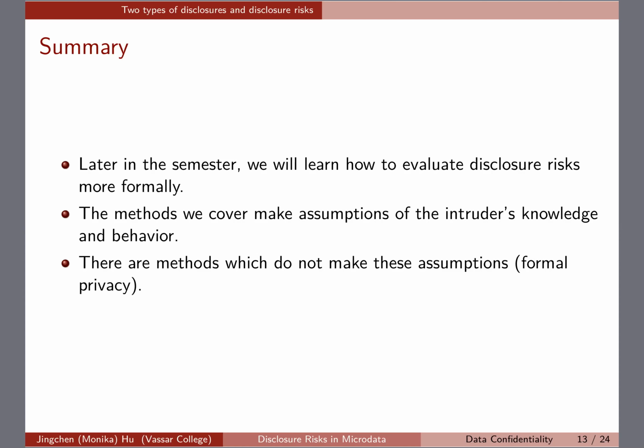So imagine that we do not only do this for our neighbor, but we do that for all of the 10,000 people in the survey. And let's say we come up with some kind of disclosure risk measurement, and maybe they're under some threshold, so we feel comfortable releasing. But you notice that all of the disclosure risk evaluation, all of the outcomes and the entire process, heavily depends on how much you assume the intruder knows.